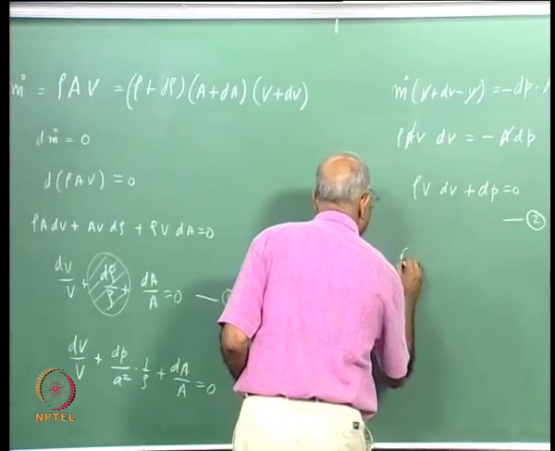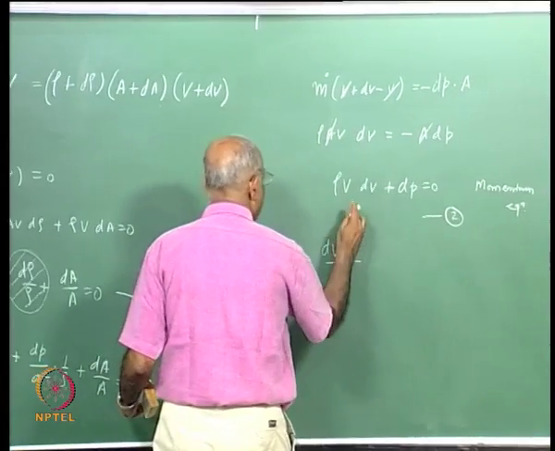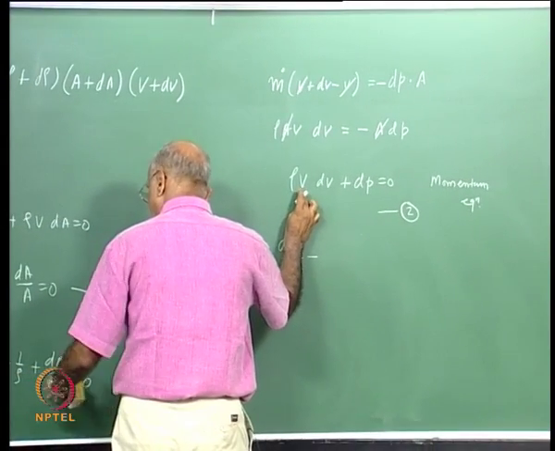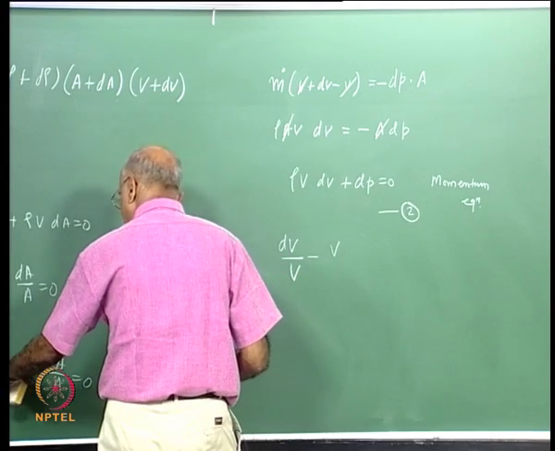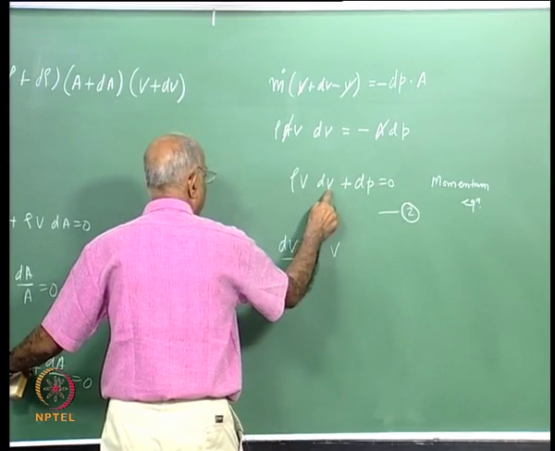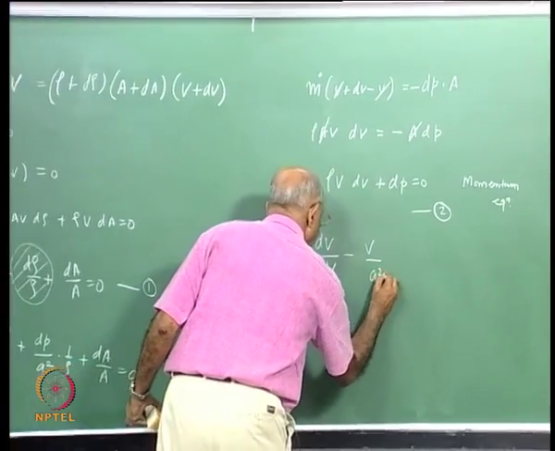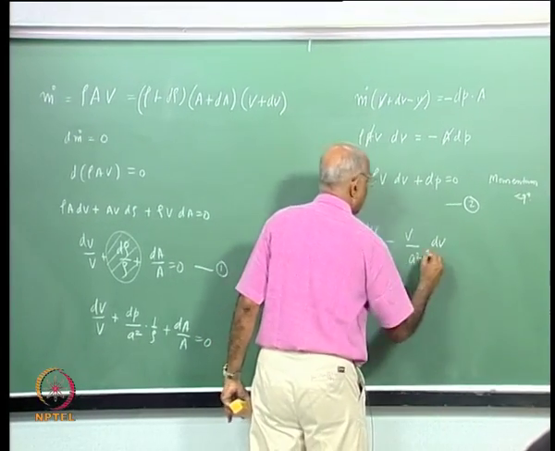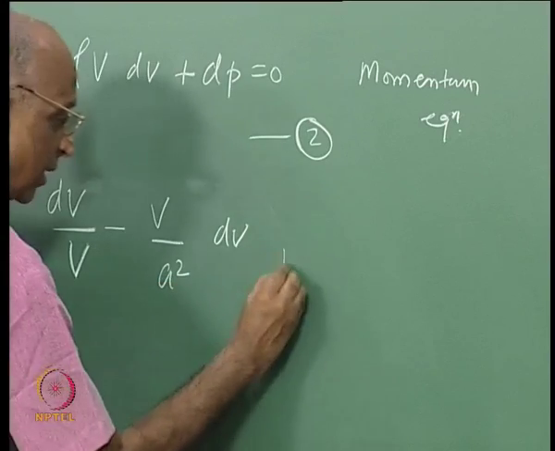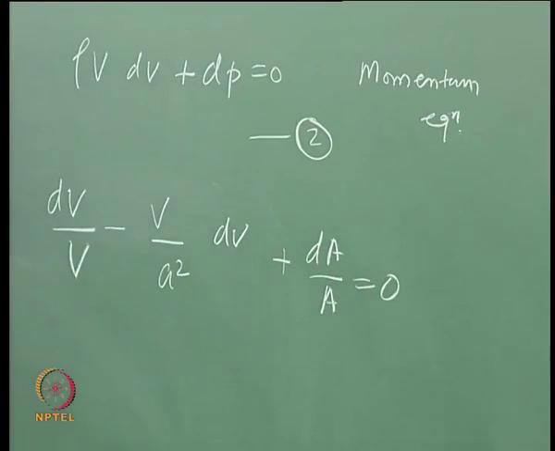I get the value as dV by V plus, now I get minus because I have minus rho V dV, and rho gets cancelled, therefore I get V by A square into dV, plus the last term dA by A is equal to 0. What have we done?